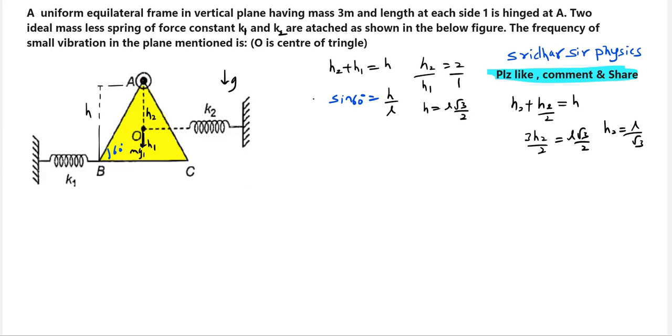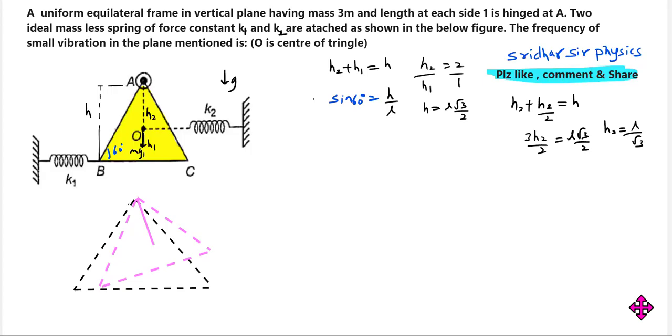Okay, now how to calculate all these things? It's like an angular SHM. Then how to manage this condition? So I'll go for a rough diagram. Earlier this was a position. Now you can see this.